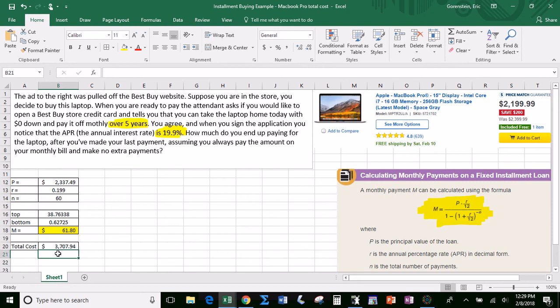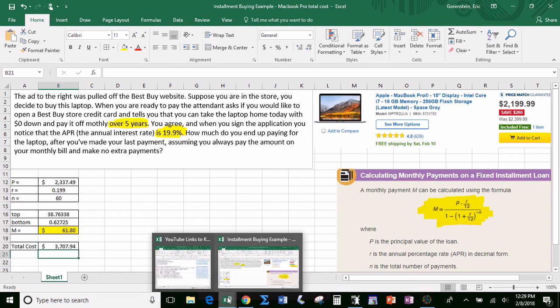Okay, so $3,707.94. That's almost $1,500 above the cost of the laptop. So that's your fee for paying it off over time rather than paying it off all at once.